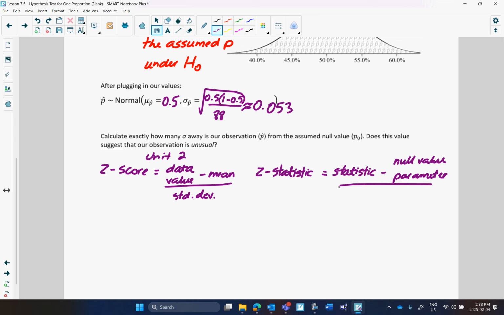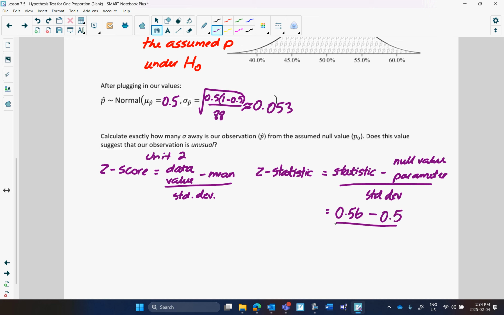Divided by the standard deviation, and we've got those values. What did we get in our statistic? 0.56. What was the null value parameter? What did we assume it to be? 0.5.